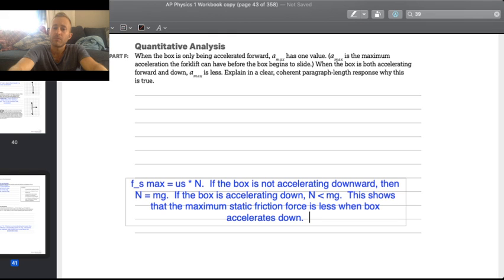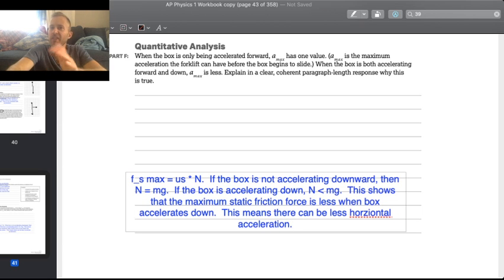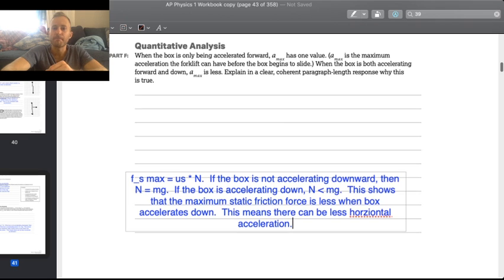This means there can be less horizontal acceleration. I think that's pretty clear. I'm going to leave it at that.